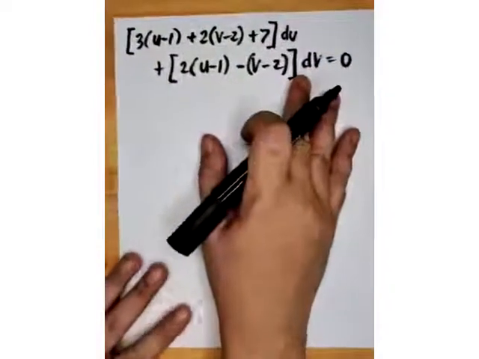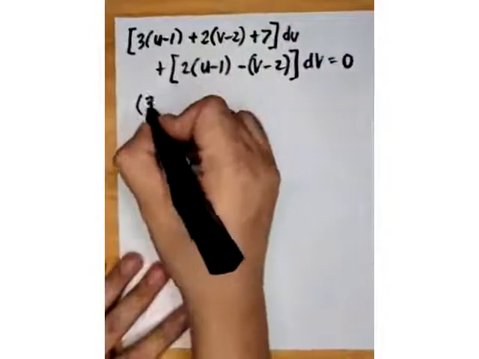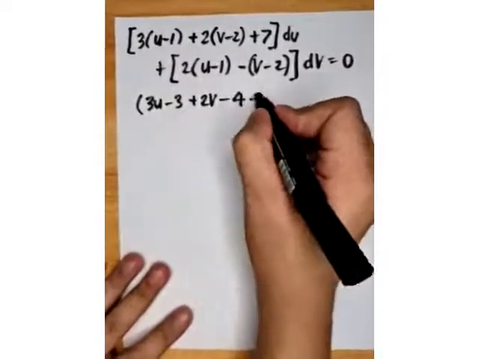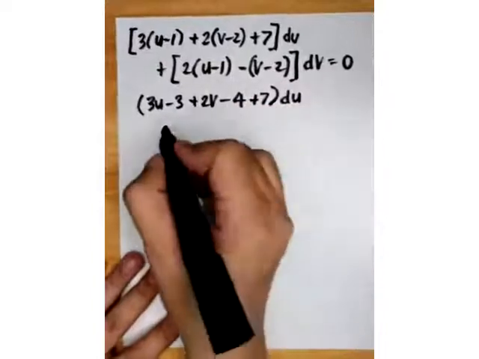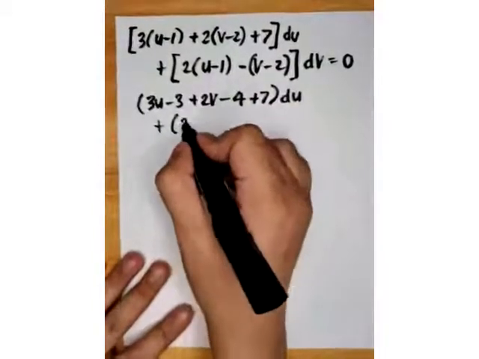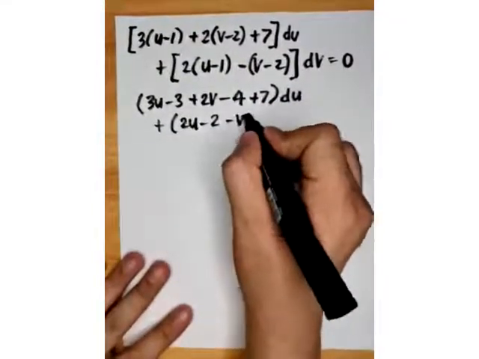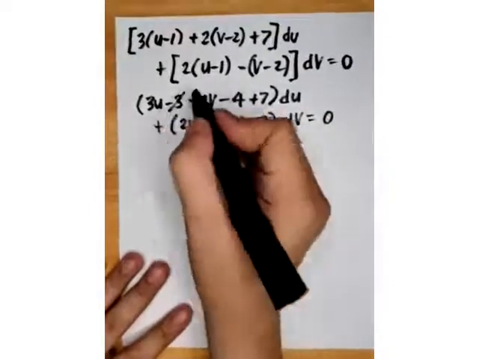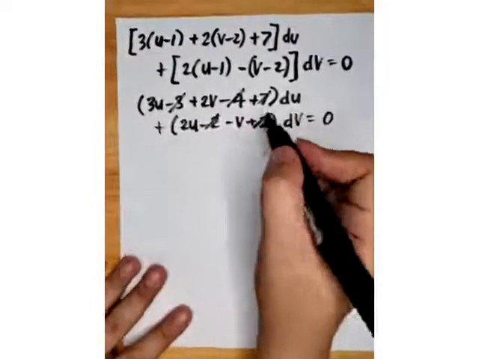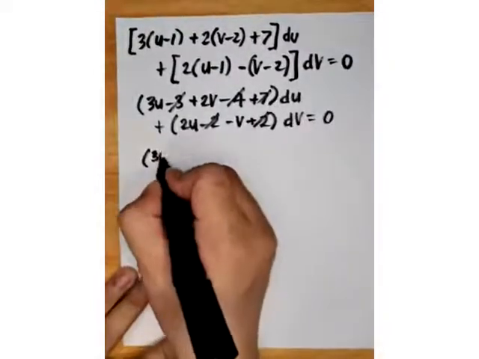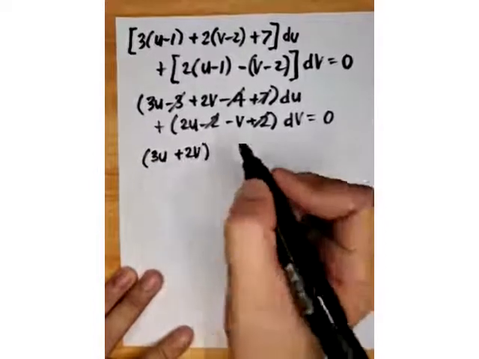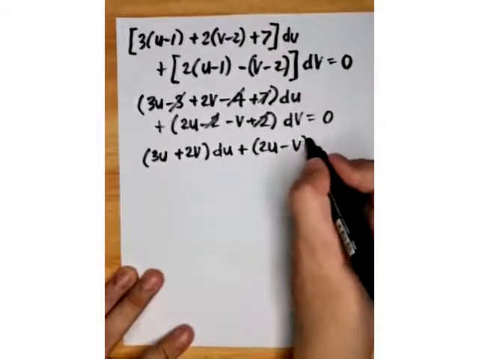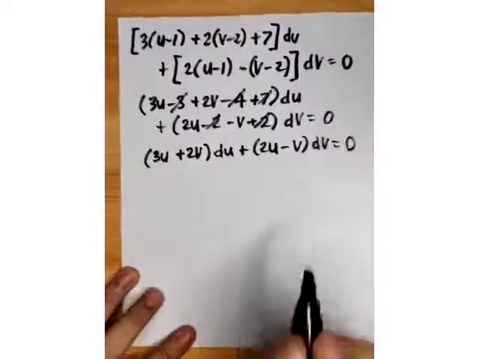So let's simplify. So this is 3u minus 3 plus 2v minus 4 plus 7 du plus quantity 2u minus 2 minus v plus 2 dv is equal to 0. So cancel. So we'll have 3u plus 2v du plus 2u minus v dv is equal to 0.